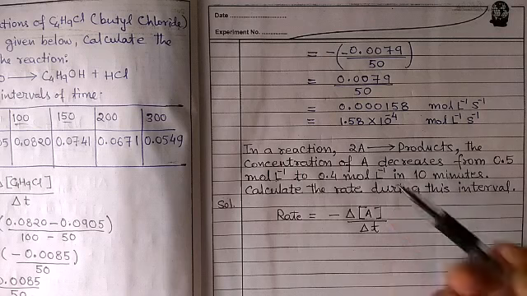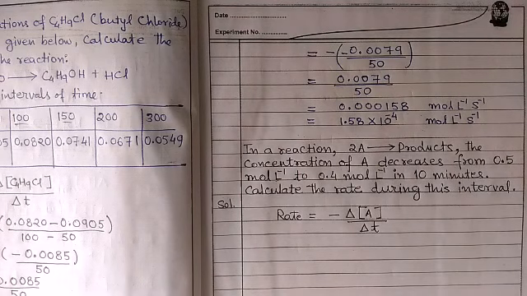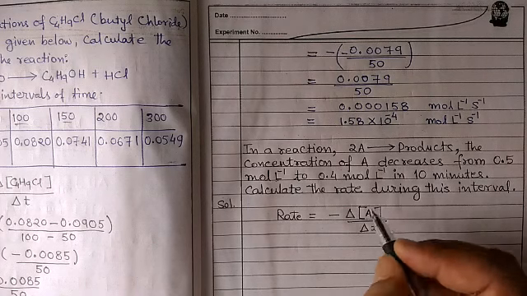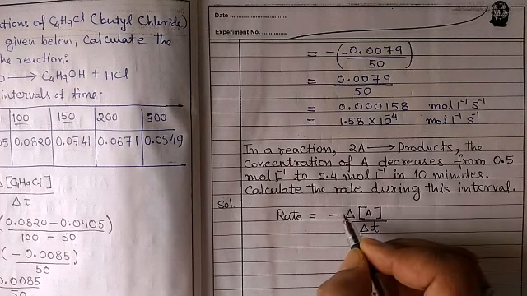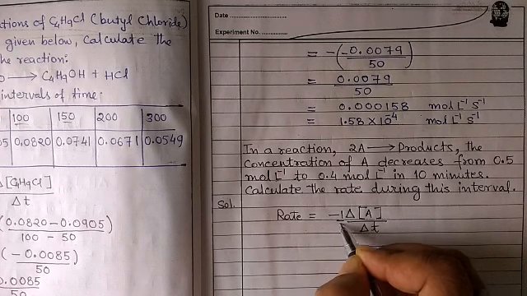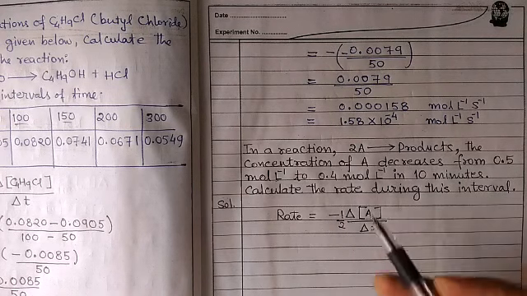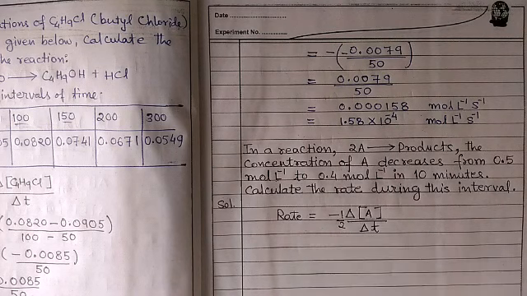Now we have 2. What is the difference it is going to make in this equation? This 2 will be placed here as 1 by 2. 2 moles of A giving products, so this is kept here, 1 by 2. This is the equation we are going to solve.